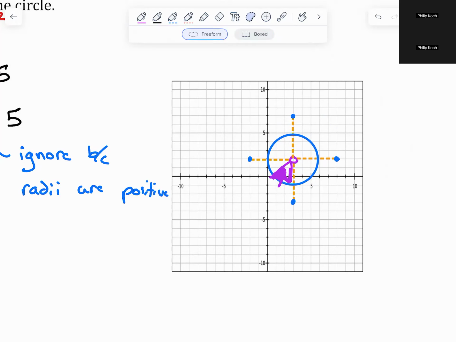When I move my cursor over here, it will start making the circle bigger. Like when I move it to there, it will be that big. And so all I need to do is just move it out 5 units to the right, or 5 units to the left, or 5 units up, or 5 units down, and it'll take care of the rest for me.